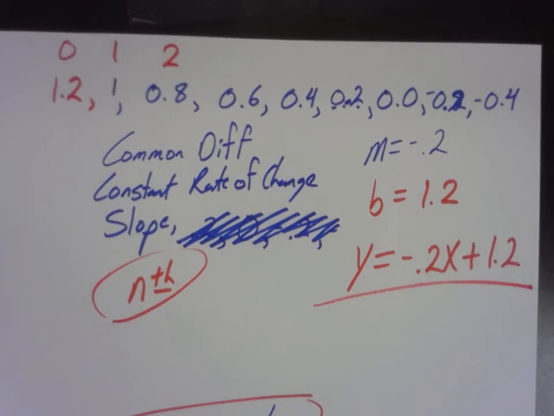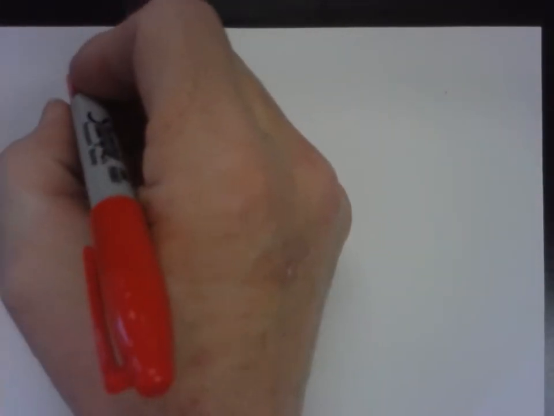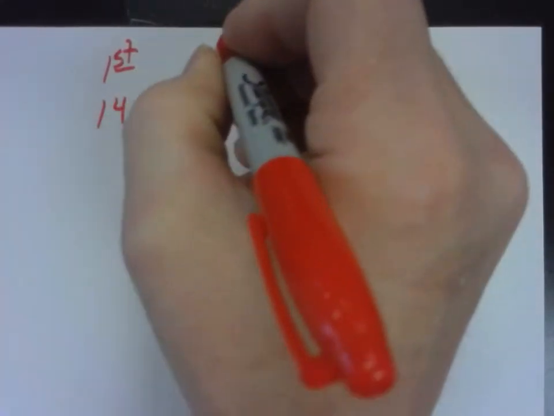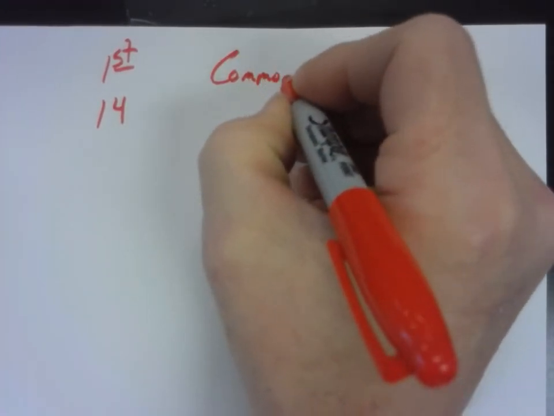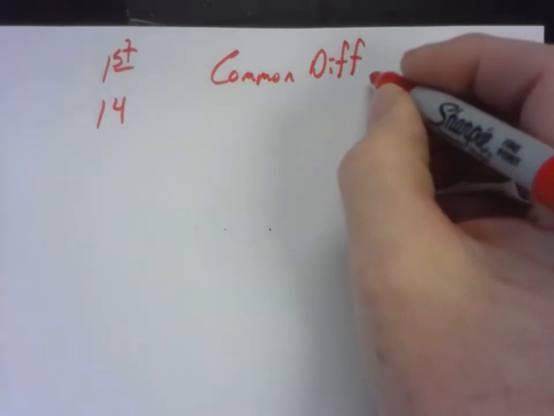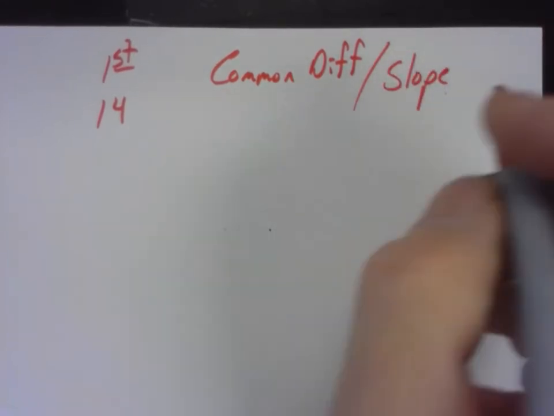Okay. So there are some formulas. Let me show you something here. Here's the first term of a series, 14. Here's the common difference, also known as the, I'm going to say slope so it fits in our equation.